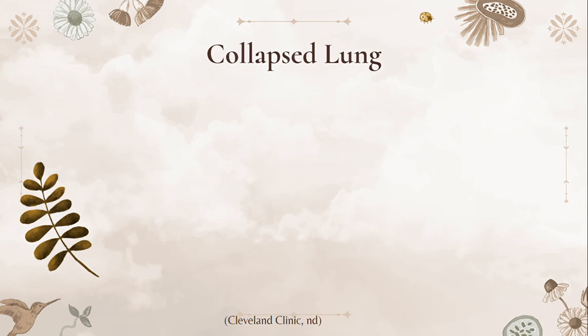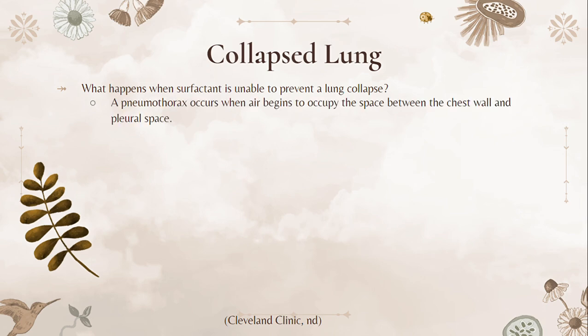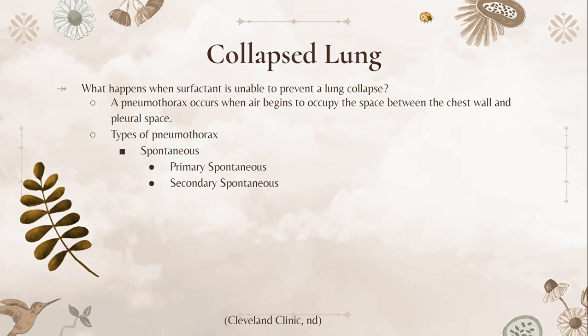Now, I talked a little bit earlier about pneumothorax. A pneumothorax is a collapsed lung, which is what surfactant is supposed to help combat. However, there are times when surfactant is unable to prevent a collapsed lung. A pneumothorax specifically is when air begins to occupy the space between your chest wall and the pleural space. And there are several different types of pneumothorax. The first one is spontaneous. We have a primary spontaneous pneumothorax and a secondary spontaneous pneumothorax.